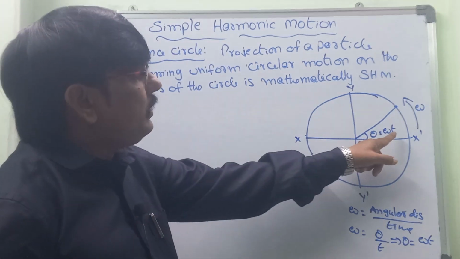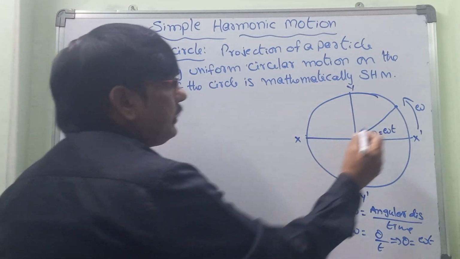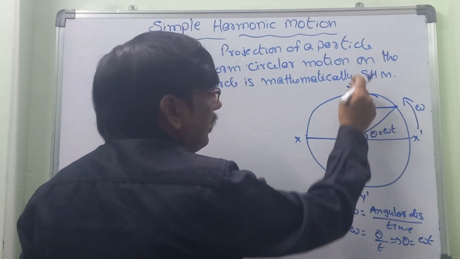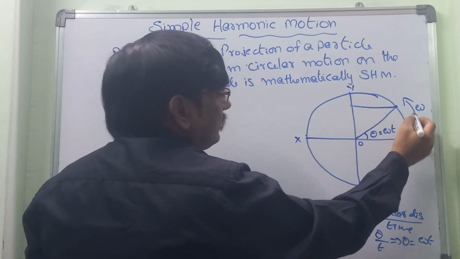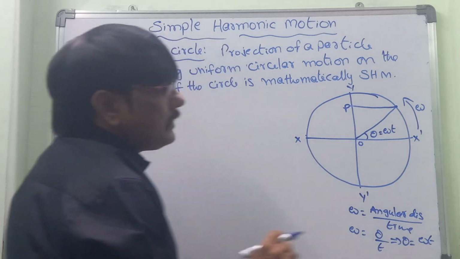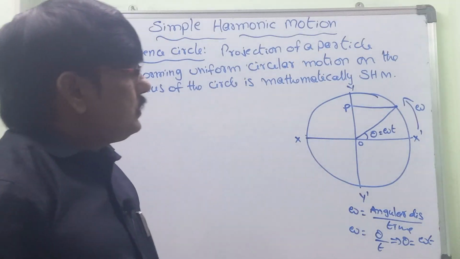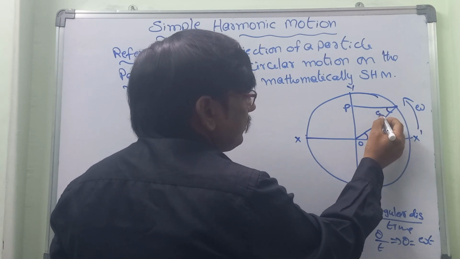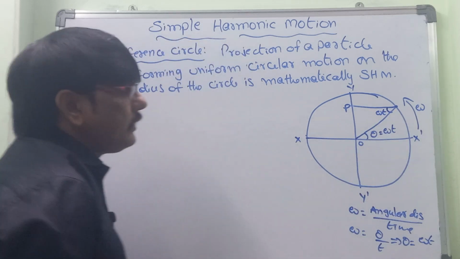It makes a certain angle, and from here you draw a perpendicular on y dash. Let's consider this as P. This P is called the projection. So here it makes an angle omega t, and naturally here also it makes an angle omega t.